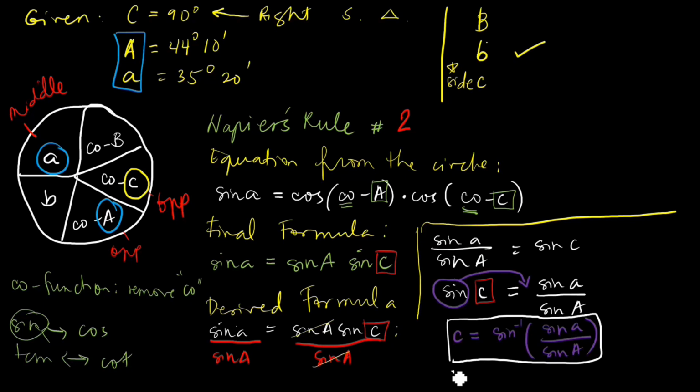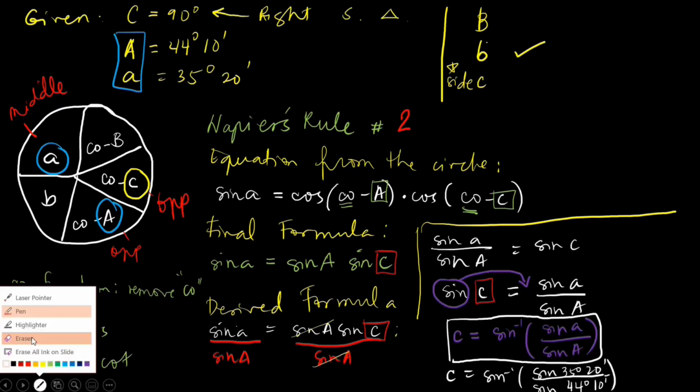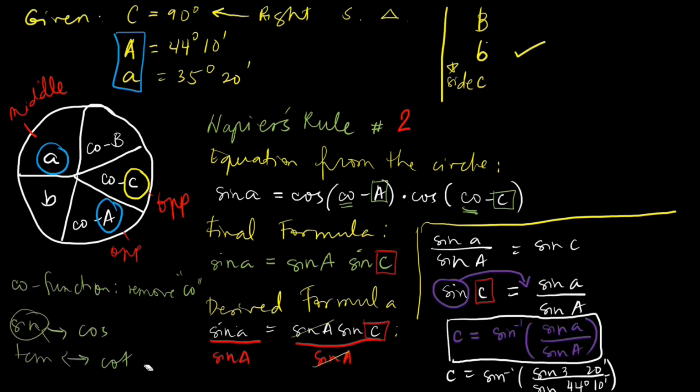Now you can substitute: arc sine of sine of our side A, which is 35 degrees, 20 minutes, over our angle A, 44 degrees and 10 minutes. That's it. Then you can input it in your calcu.